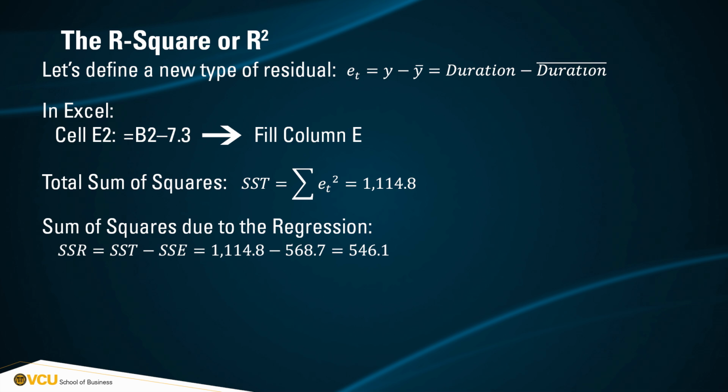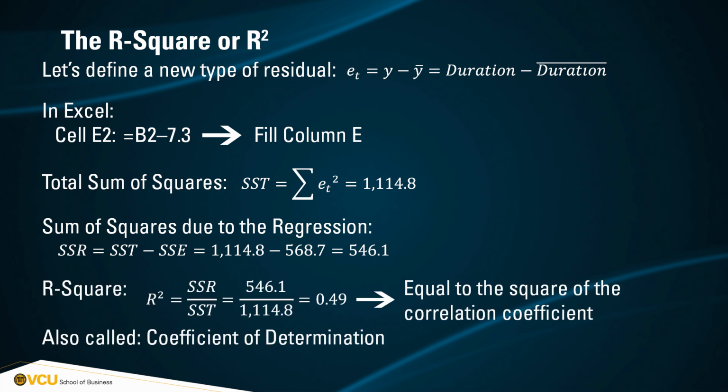The reduction in total error from SST to SSE is the sum of squares explained by the regression, or SSR. So it stands to reason that the greater SSR with respect to the initial SST, the more the regression model is able to explain the dispersion of the response variable. In fact, if you divide SSR by SST, we obtain 0.49, which is the R-square.